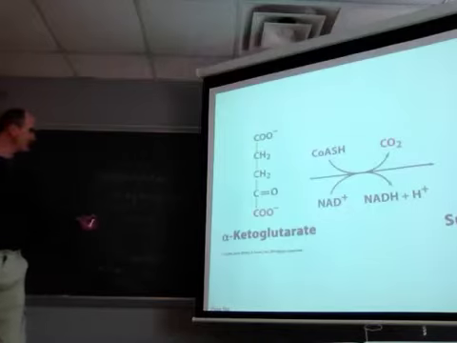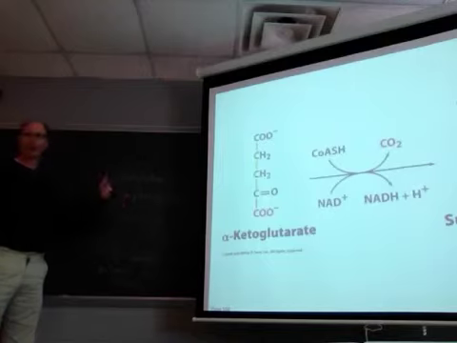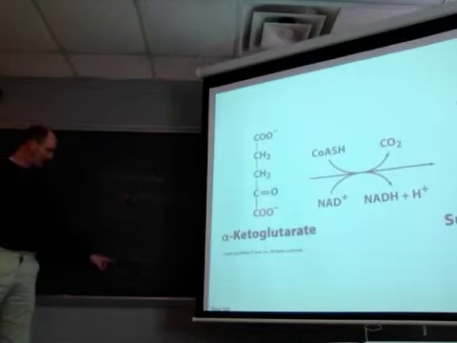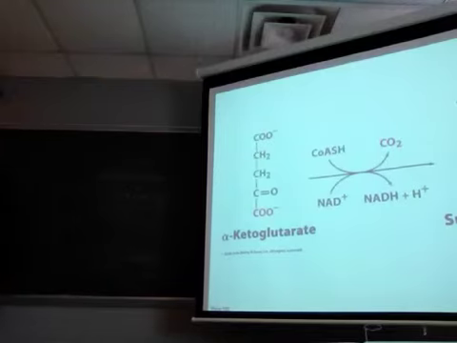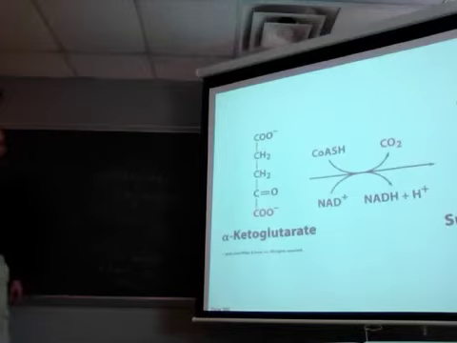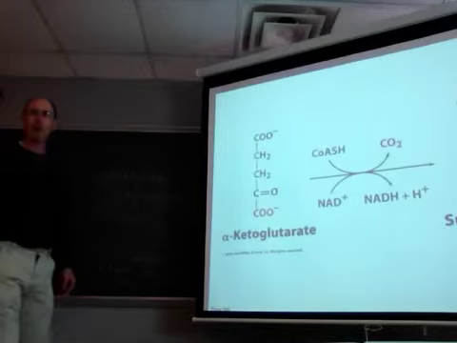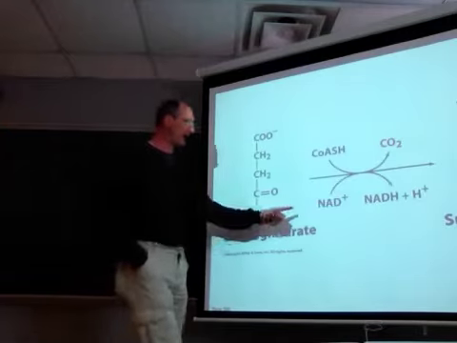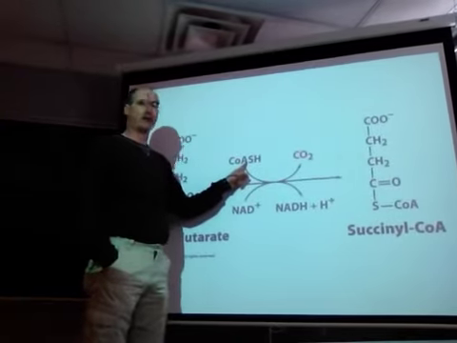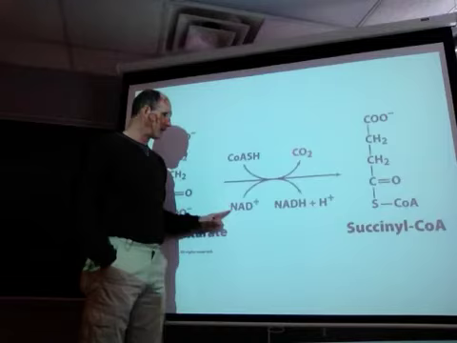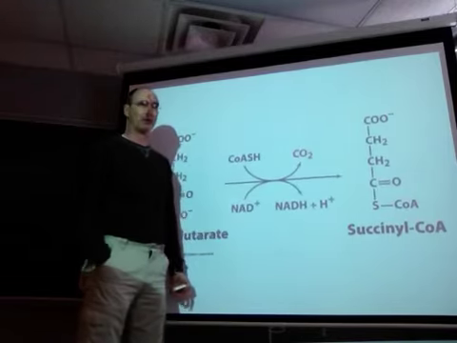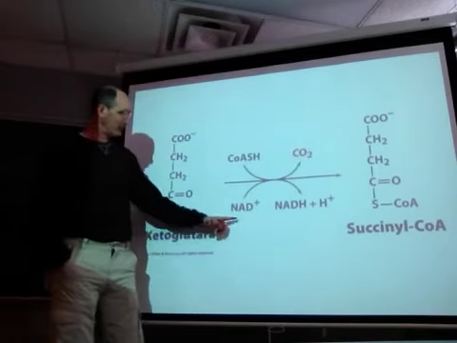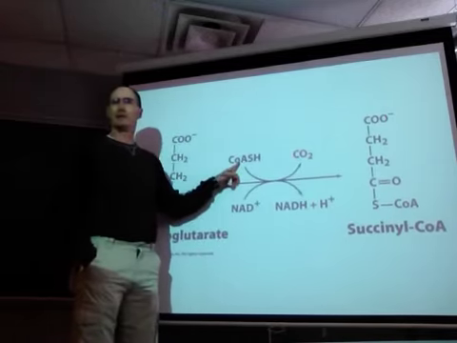So the big difference in the alpha-ketoglutarate dehydrogenase complex is that it has its own unique E1, and it doesn't have the associated kinase and phosphatase that we see with pyruvate dehydrogenase. Does that make sense? So it's controlled only by availability of free coenzyme A, availability of free NAD and NADH. That's what controls the flow through alpha-ketoglutarate dehydrogenase. Is NAD available? Is coenzyme A available?